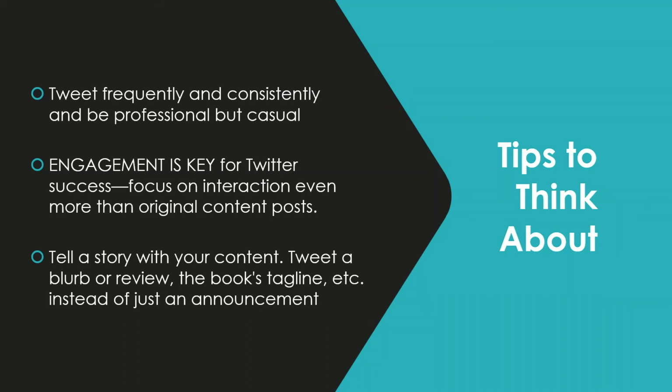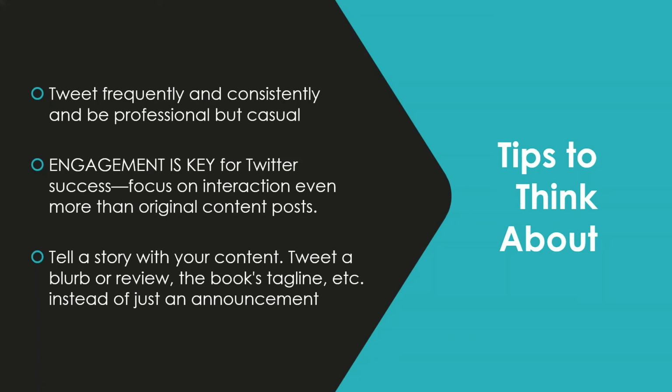That's not to say unprofessional, but it is casual. And also, you have to tweet a lot. Because of how fast-paced it is and how conversational it is, you can't get away with tweeting every once in a while. Nobody is going to see that.